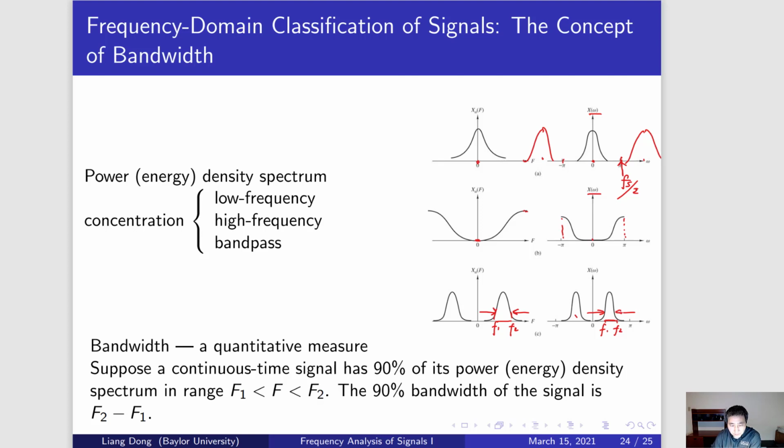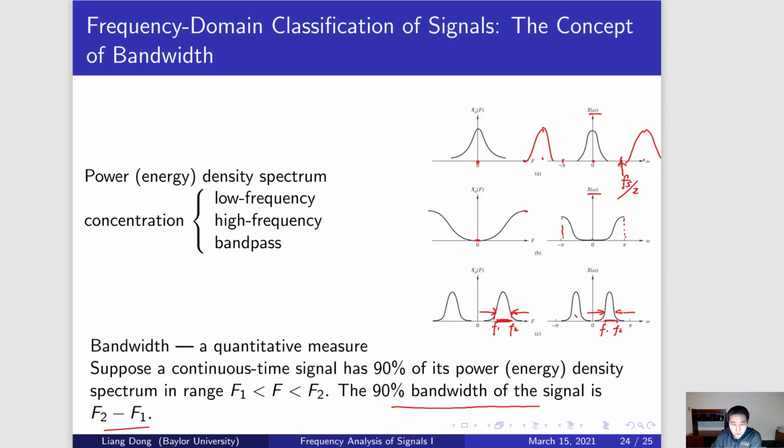The quantitative measure is usually for a continuous time signal. If the signal power has dropped 90%, we call this the 90% bandwidth of a signal, which is between f1 and f2. Then the bandwidth is given by the range f2 minus f1.